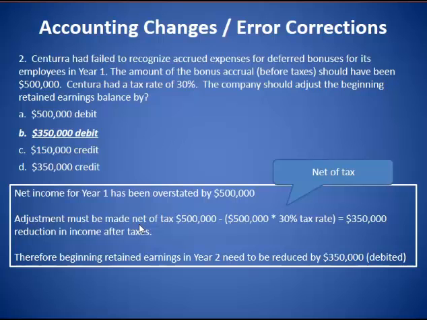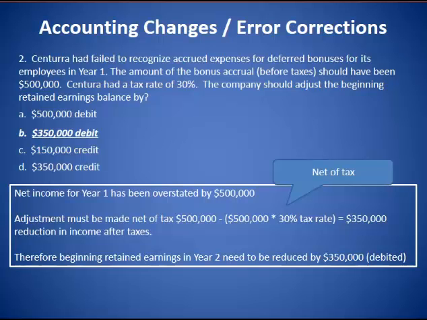We would have had to reduce our net income by $500,000. Net of our tax rate, the amount of the reduction should be $350,000 in income after taxes. Therefore, the beginning retained earnings in year 2 needs to be reduced by, which is a debit, $350,000.